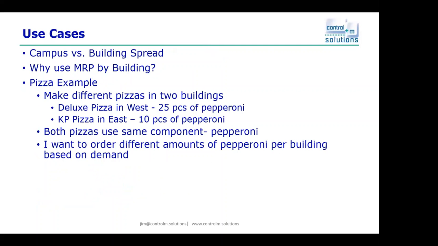So what is a good use case for doing MRP by building? I think in terms of talking about buildings, we need to understand what's a good method for setting up buildings and why would you do that? In many cases, some of you will probably set up with multiple PCNs.